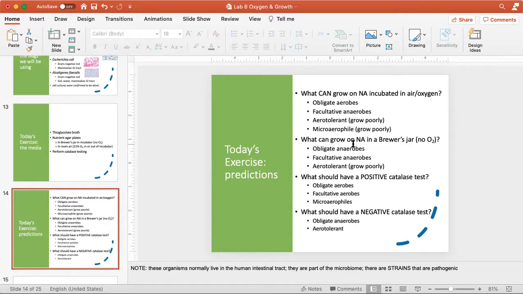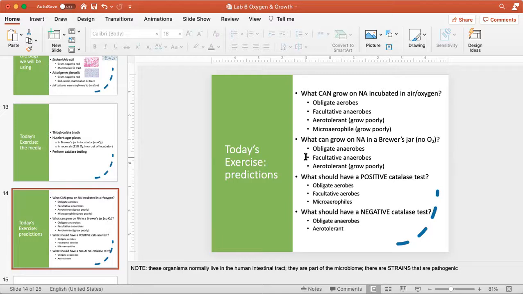What should grow on a nutrient agar plate in a brewer's jar where there's no oxygen? Obviously, the obligate anaerobe, because oxygen is toxic to them. But again, a facultative anaerobe is going to do fine in there too, because they don't require oxygen.